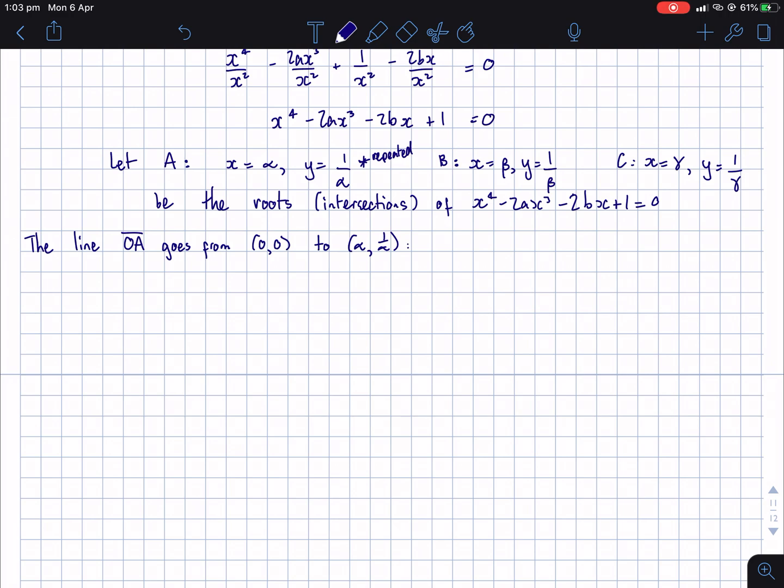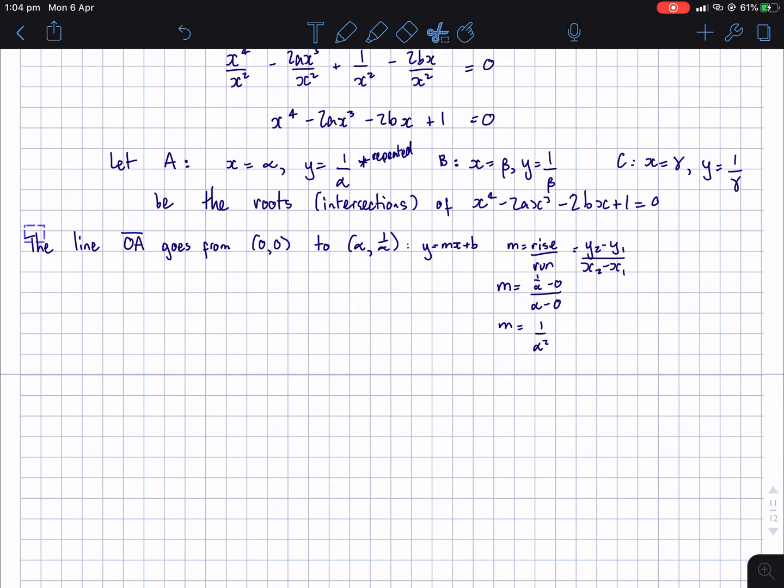So if I wanted to write an equation for this line, well, the gradient of y equals mx plus b, the gradient m equals rise over run. So it's y2 take y1 over x2 take x1. So m equals (1 on alpha take 0) on (alpha take 0). So m is 1 on alpha squared.